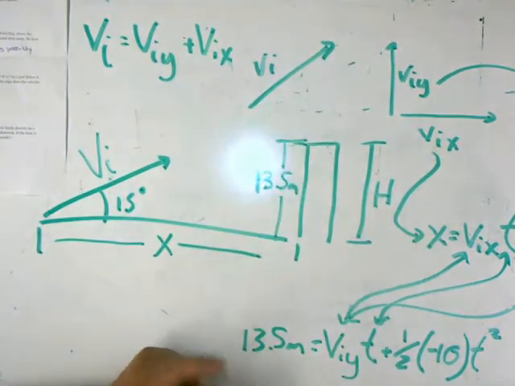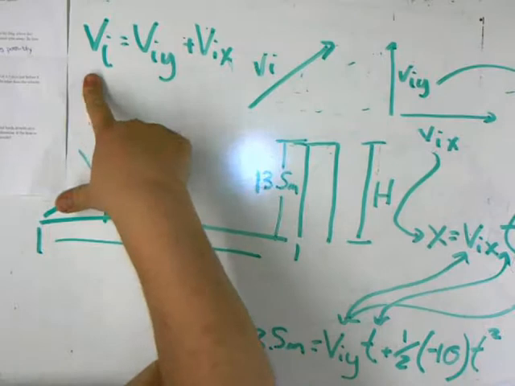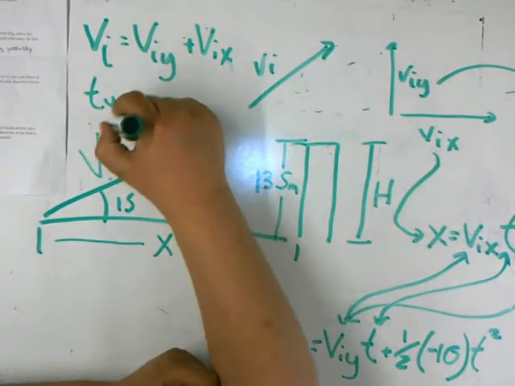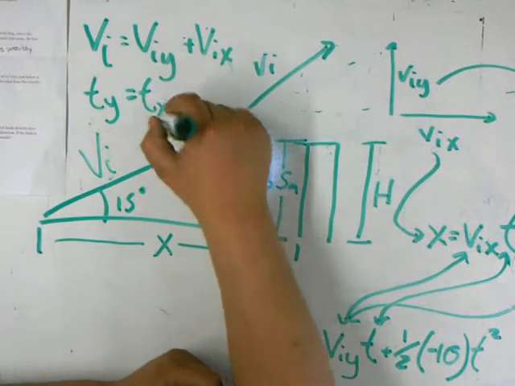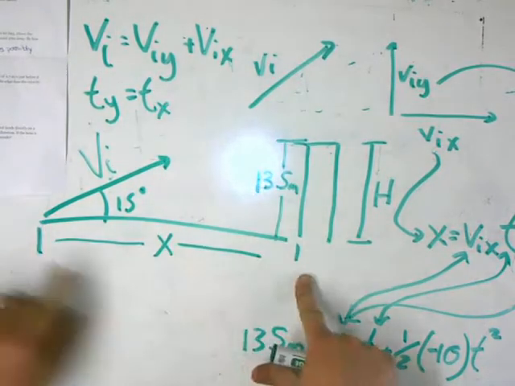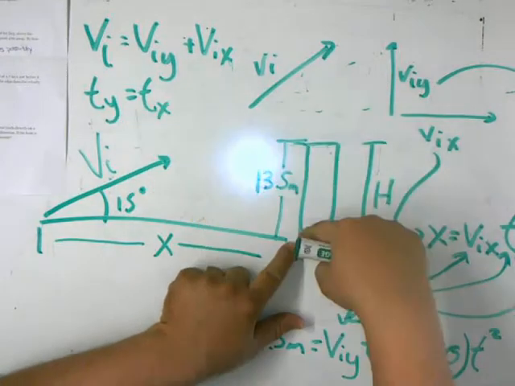I also have T in the Y and T in the X. T in the X is the amount of time it takes to go from here to here, and T in the Y is the amount of time it takes for that rocket to travel upwards 13.5 meters. Does that make sense so far?